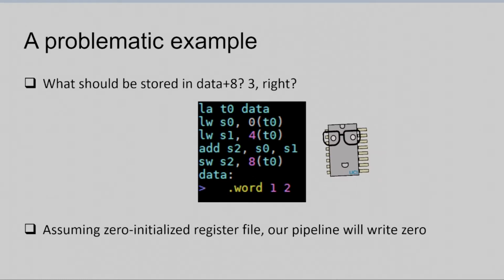So at this point, S0 and S1 will have 1 and 2 stored within them, hopefully. And after that, we will add S0 and S1 and store it into S2. So adding 1 and 2 ideally should give us 3 stored inside S2. And after this, we want to store S2 in the third slot of the data section, denoted by the offset of 8.